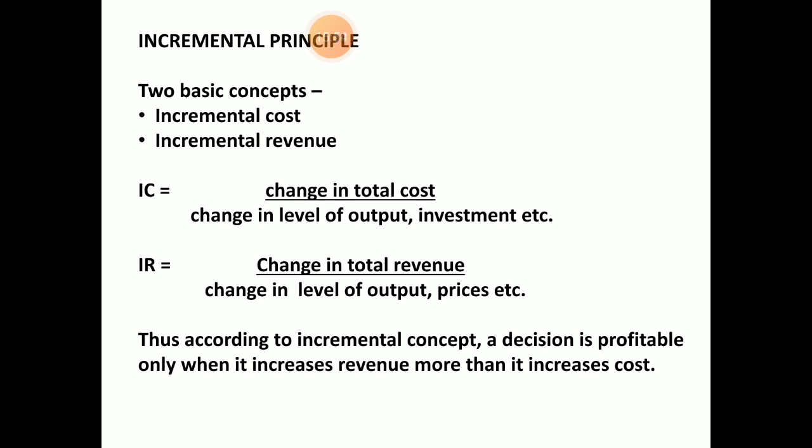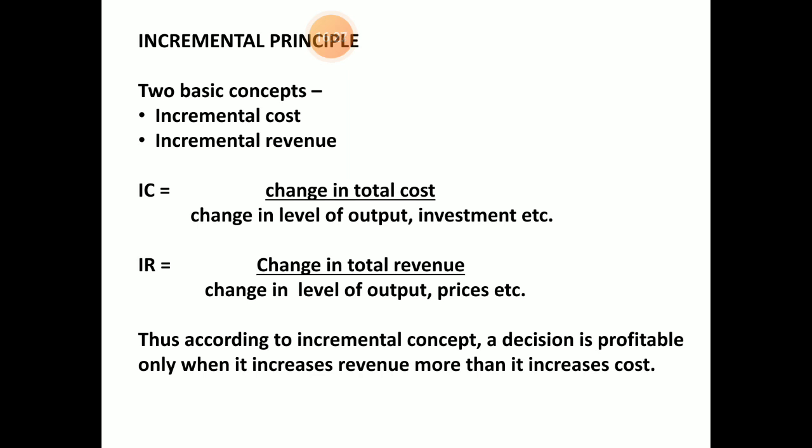This may lead to a rise in its total cost by 20% against an increase in output by 10%. I'll repeat. An automobile firm adopts a new factory to increase its output, which may lead to a rise in its total cost by 20%, whereas the increase in output is 10%.